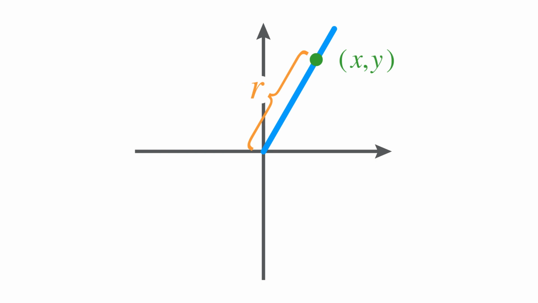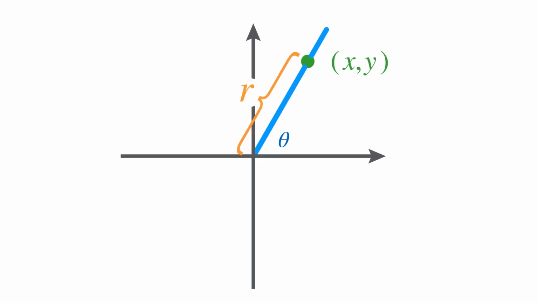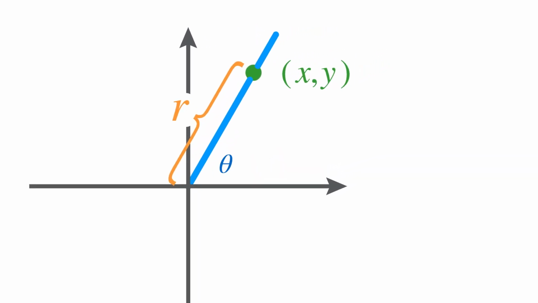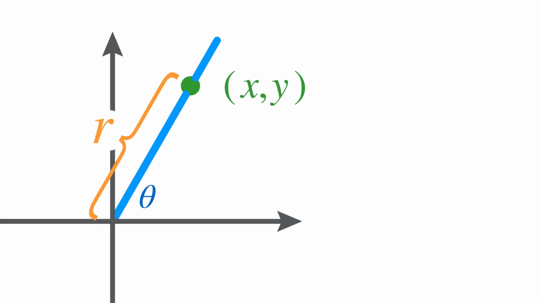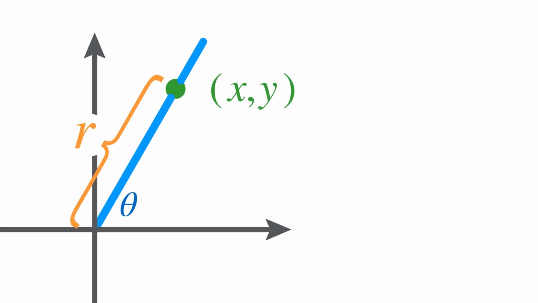Here's how. Notice that if we use an angle between 0 and 90 degrees, our terminal side will be in the first quadrant. If we add a vertical segment from the xy point, we can create a right triangle that contains our angle.